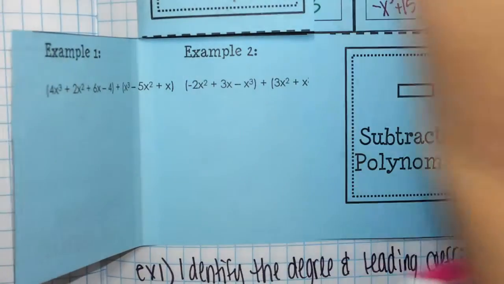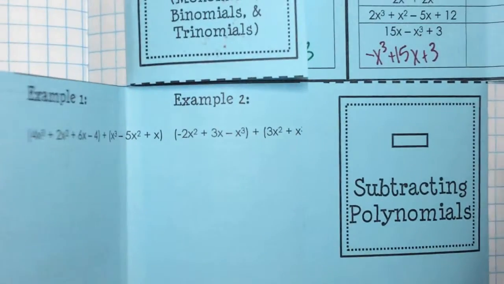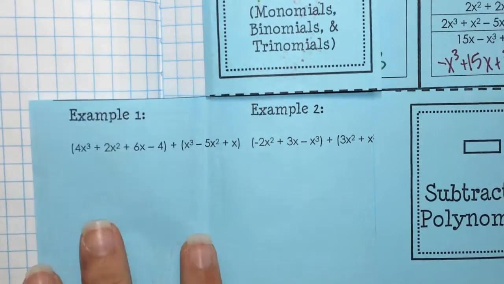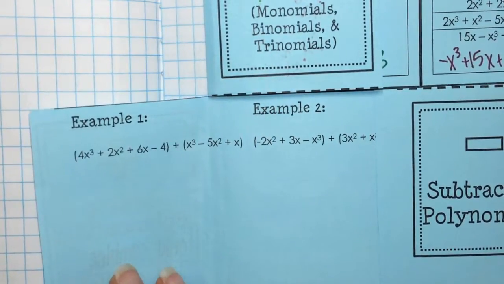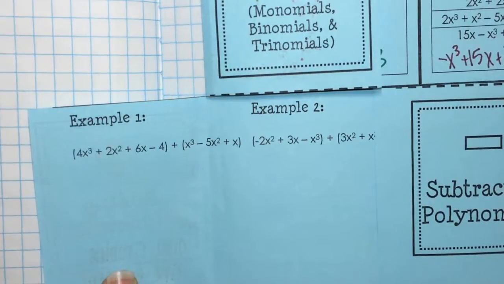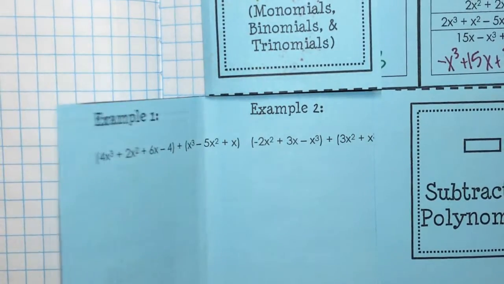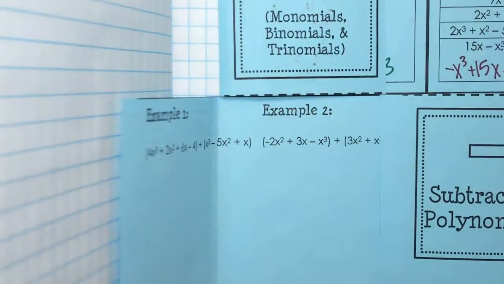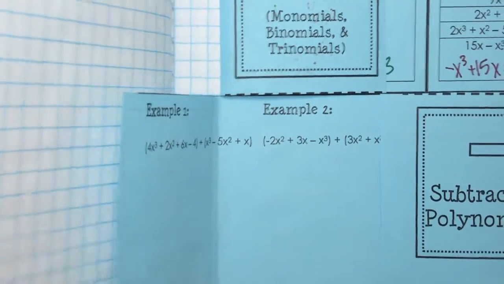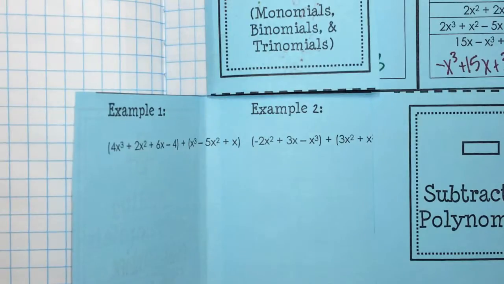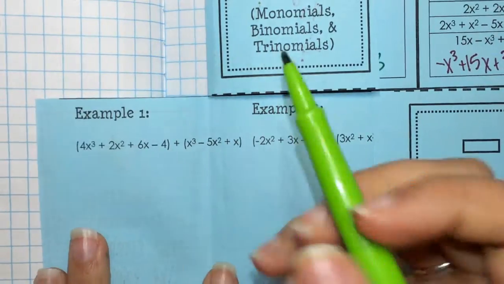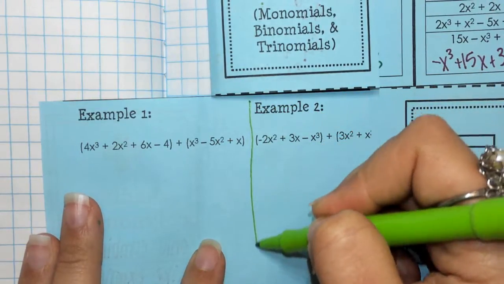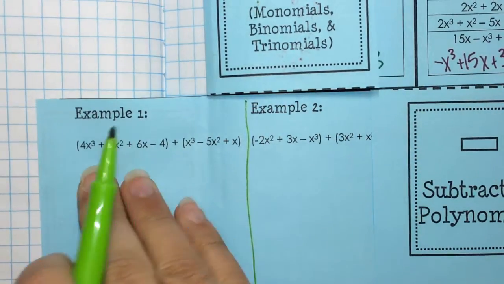Now, let's look at example 1. What we're going to do is we're going to put circles and squares and triangles around like exponents. And I'm going to use different colors so you can really see, and then we're going to party hard and work out our problem. Excuse me, I'm dying over here. Okay, so this is our first. I'm going to draw a line so we know that on the left-hand side is our first problem.